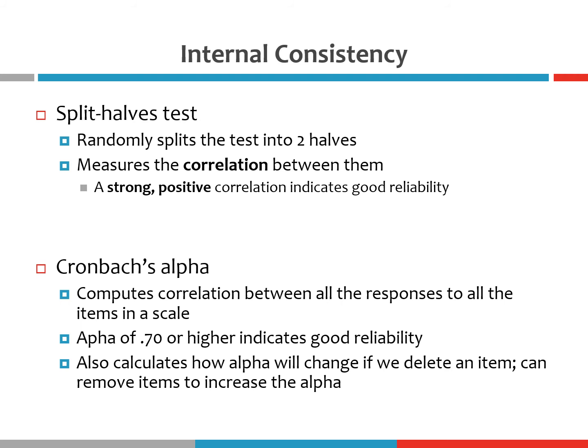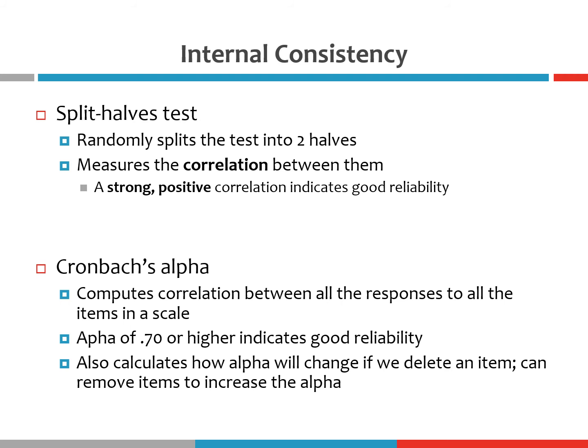But sometimes what happens when we're evaluating internal consistency with Cronbach's alpha is, let's say you get an alpha value of 0.40, but then you notice that there's a particular question that participants are responding to in a slightly different way as compared to the other questions.